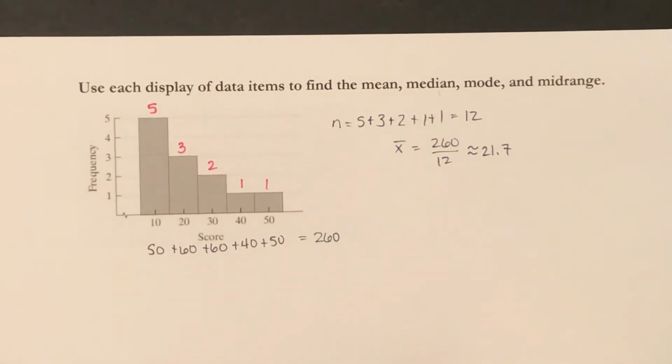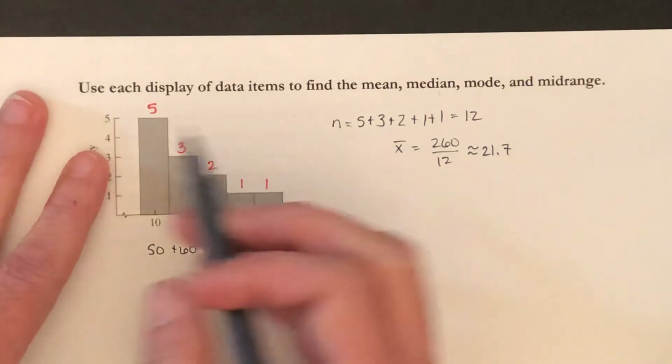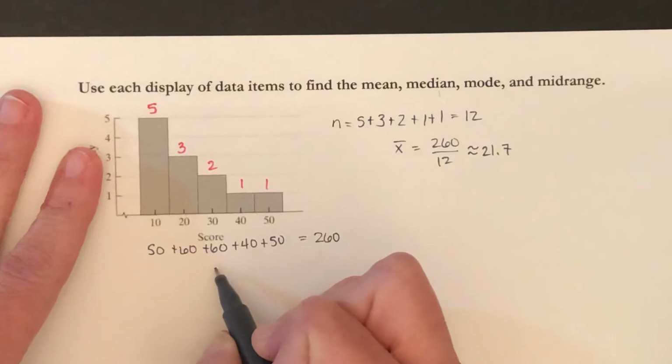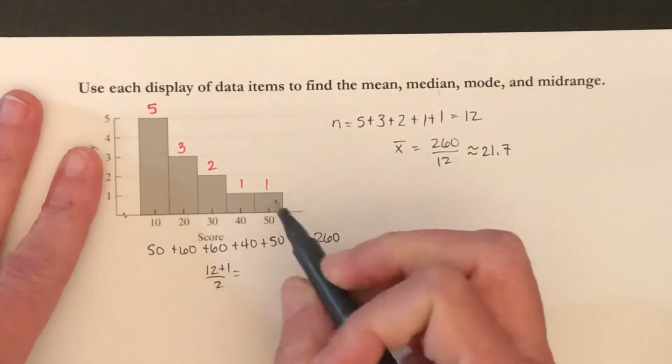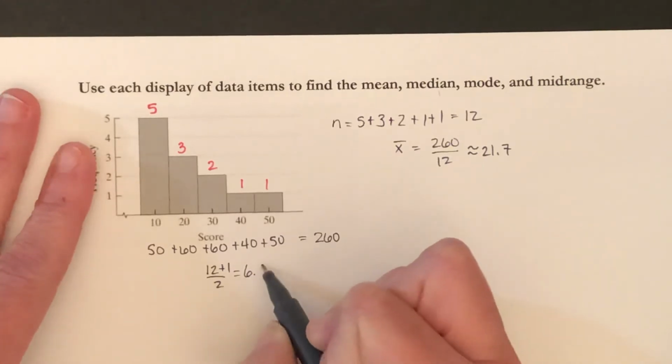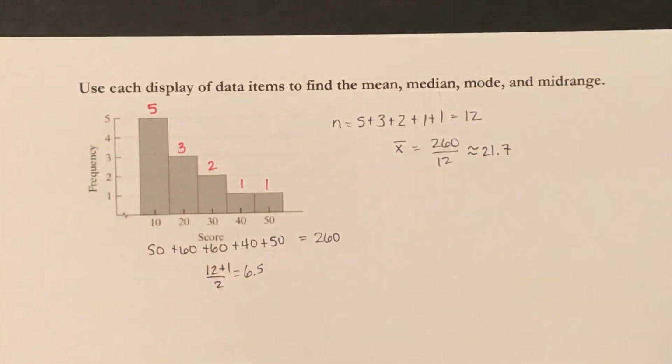Okay, so let's figure out where our median is. We had 12 items, so the median will be located at 12 plus 1 over 2. 13 divided by 2 is 6.5. So I would need to average the 6th and the 7th values. Where does that happen?